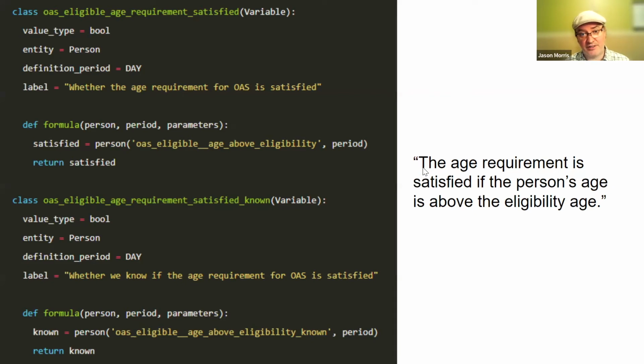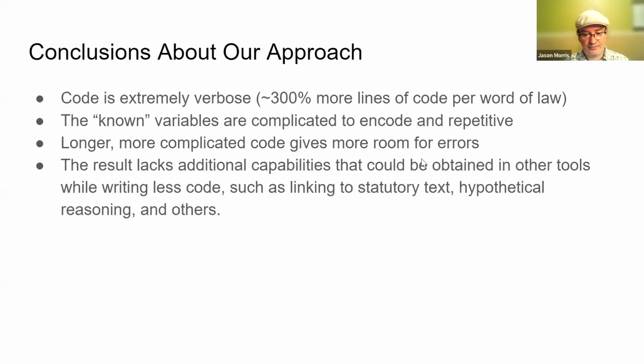By comparison to some other tools that I've used, using this approach to OpenFisca causes you to write more than 4 times as much code as you would need to write in other similar tools. About a 300% increase. On top of that, the code for the known variables is difficult to write properly. And if you make it easier on yourself, you also make the code longer by adding more variables again. So you're between a rock and a hard place.